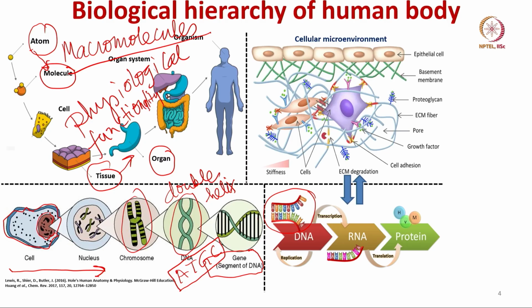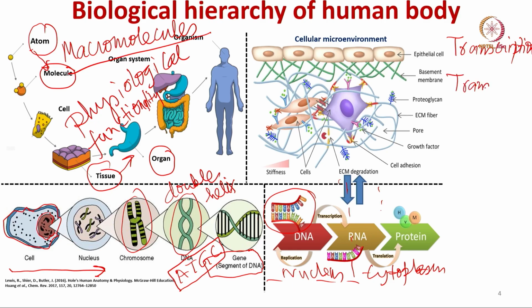In the eukaryotic cell, the DNA to RNA conversion takes place inside the nucleus of the cell. Outside the nucleus, in the cytoplasm, the RNA to protein translation process takes place. So, these are the two terms that you learn now: one is the transcription process and one is the translation process.